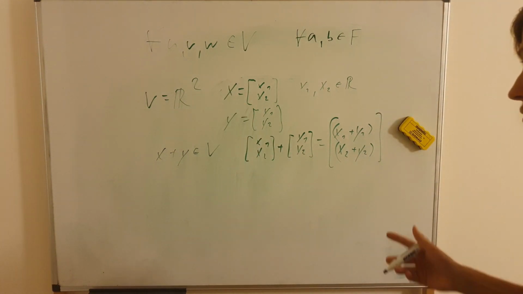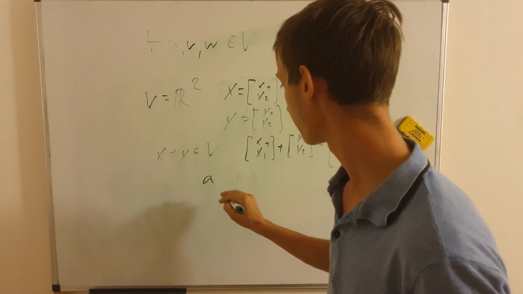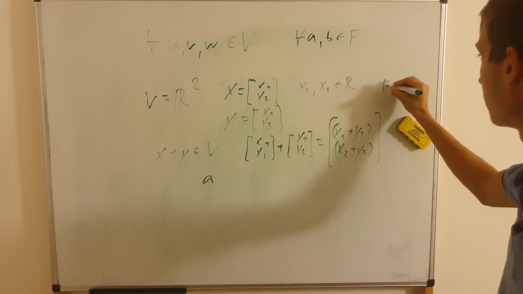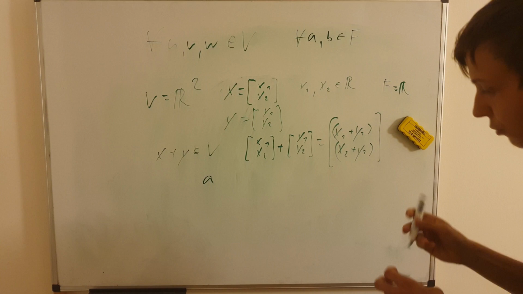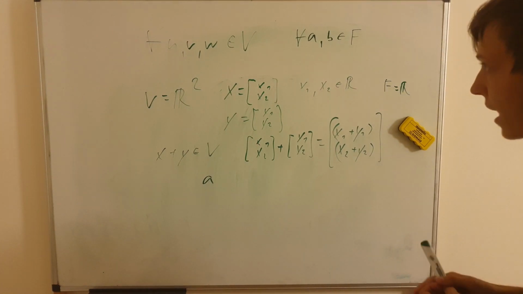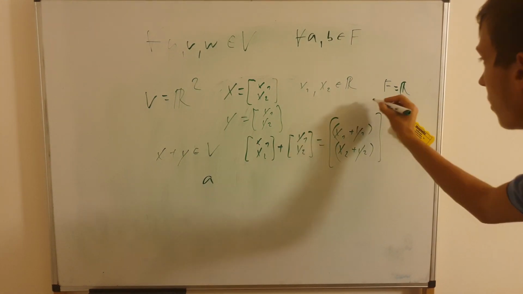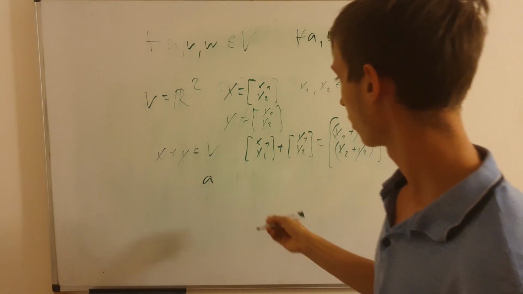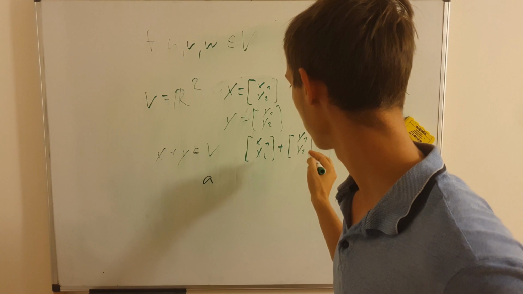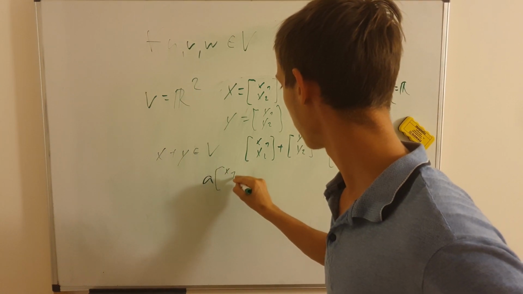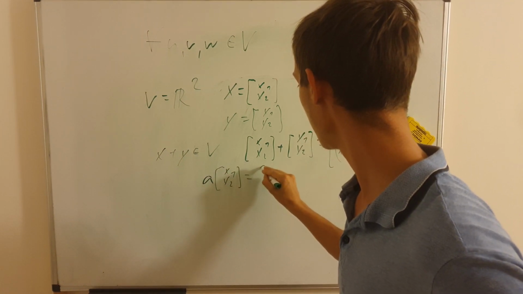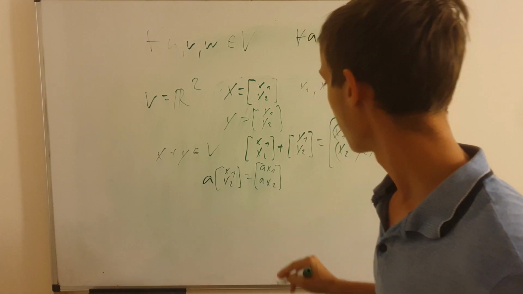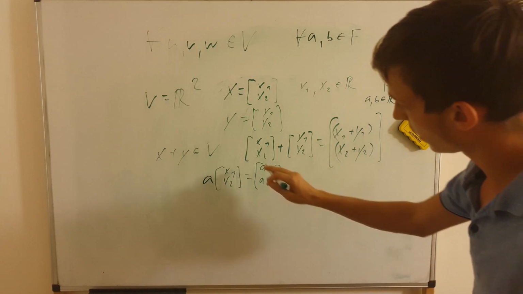So addition is closed. Then by some scalar, let's say it's over the field R, for example. So F will be R, the chosen field of scalars. Well, A, B will be in R. We can show this to work as well. A times x1, x2 will be ax1, ax2. What this does is basically multiply each of the entries by another real number.